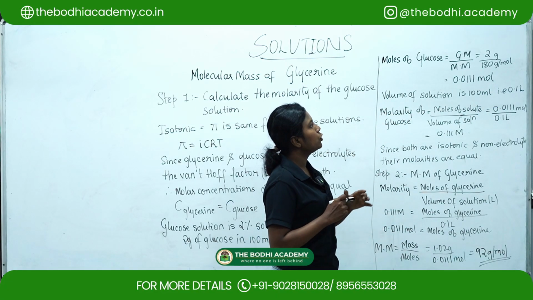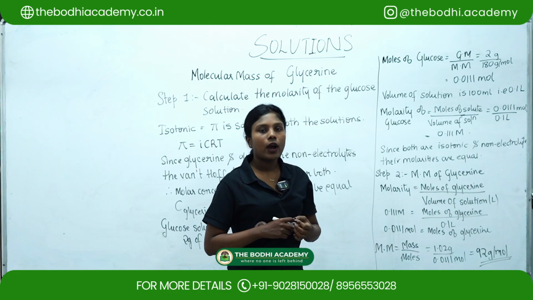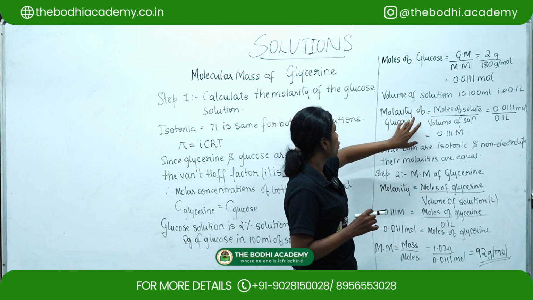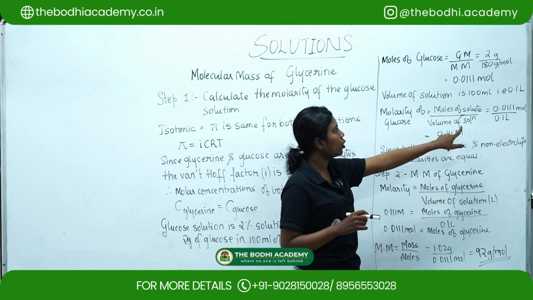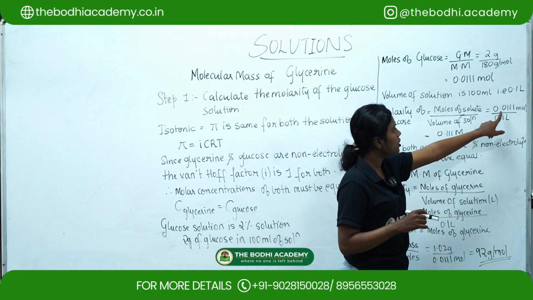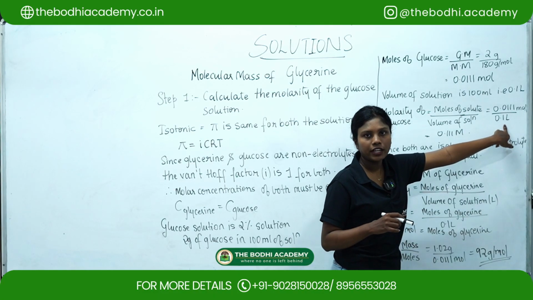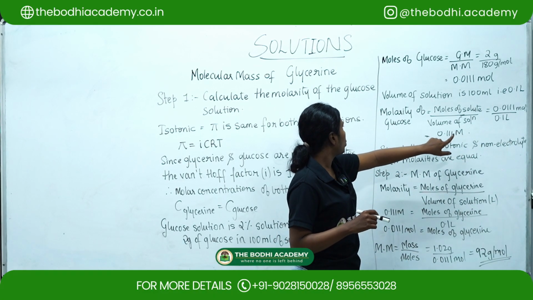Now the volume of the solution we assume over here is 100 ml, that is 0.1 liters. Molarity of glucose is given by moles of solute upon volume of solution. So the moles of solute we just found, 0.0111, upon 0.1 liters comes down to 0.111 moles per liter.